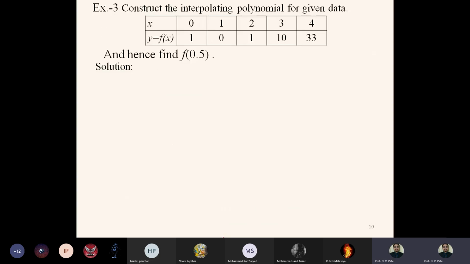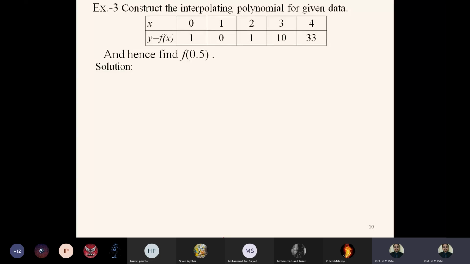Now the next, third example: construct the interpolating polynomial for the given data. Interpolating polynomial means getting the polynomial which satisfies these values of x and y. Here x values are 0, 1, 2, 3, 4, and the corresponding y values are 1, 0, 1, 10 and 31.